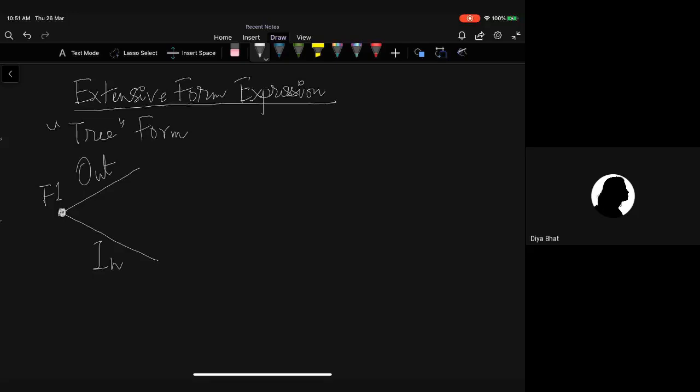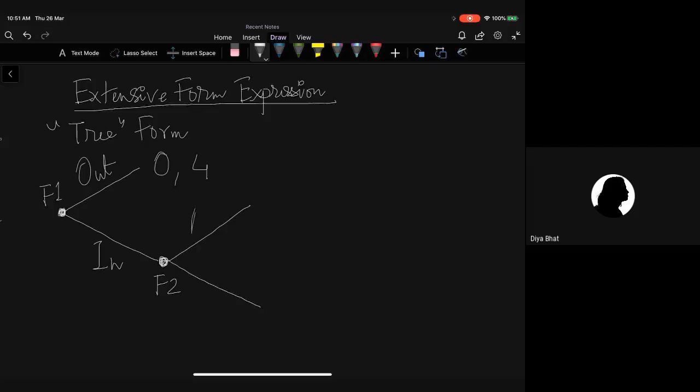If firm 1 stays out, then the game ends, and the payoff is 0, 4. So we write the payoff at the end of each arm if the game ends after that arm. But if firm 1 comes in, then firm 2 comes into the picture. So now there is another node, which is firm 2, and firm 2 decides whether to accommodate or go on a price war.